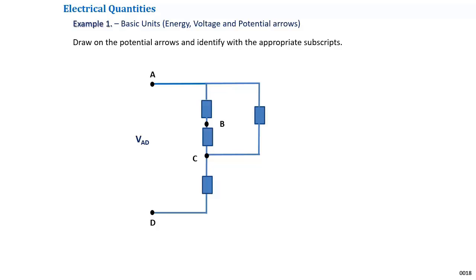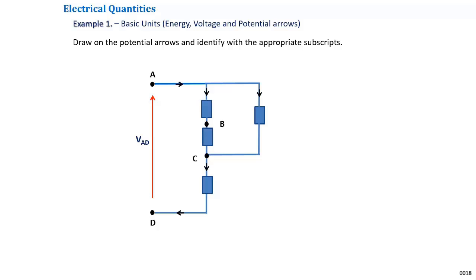To start with, we only have the voltage across the terminals AD termed V subscript AD. This tells us that the A terminal is more positive than the D terminal, so the potential arrow goes between the two terminals with the arrowhead pointing at the A terminal.